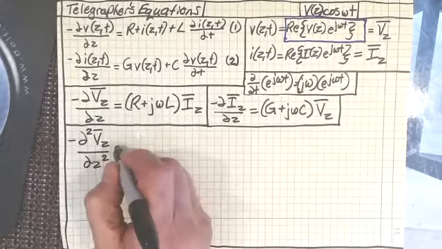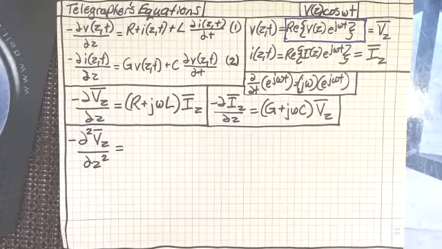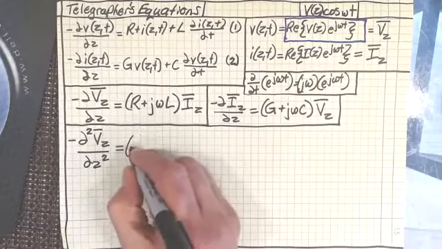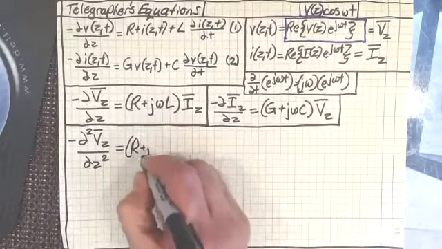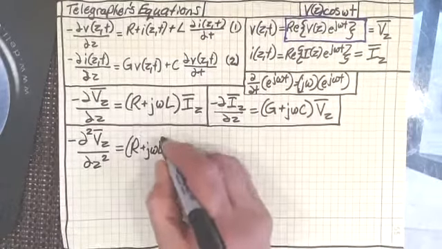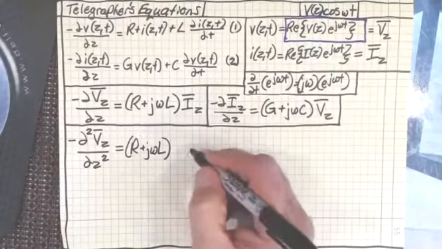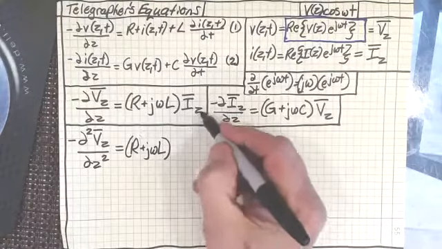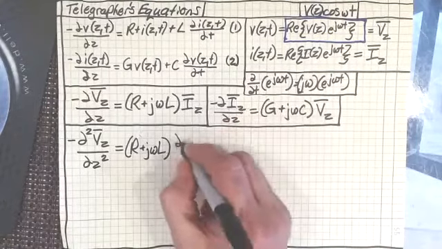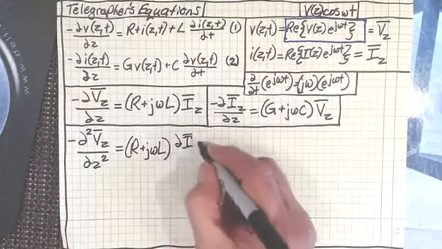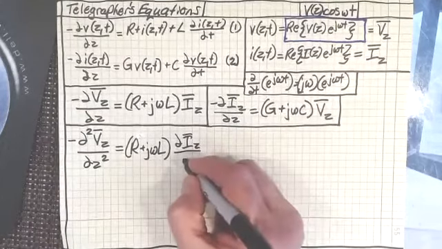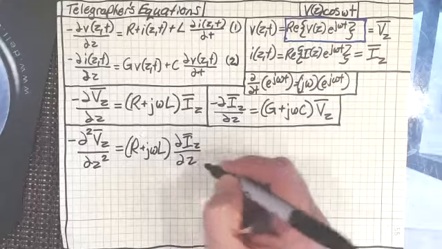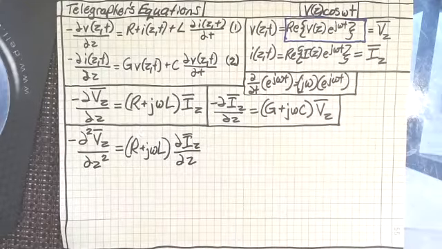So I'm taking the derivative of this function with respect to that. I still have R plus j omega L there, don't I? And then I bar sub z is going to be the first derivative of I bar sub z with respect to z. Oh my God, where have I seen that before?